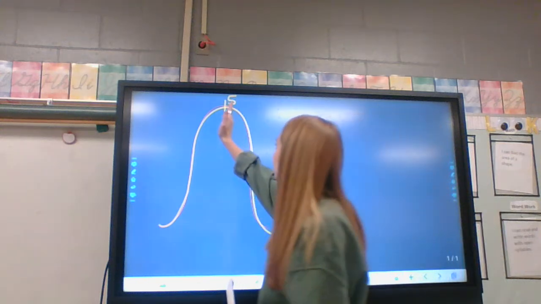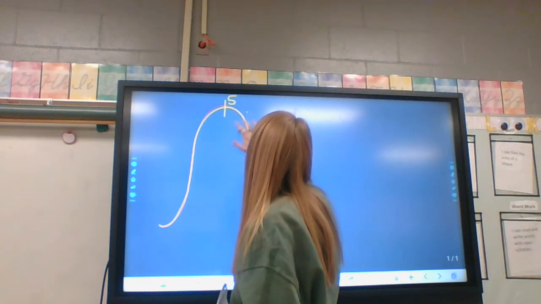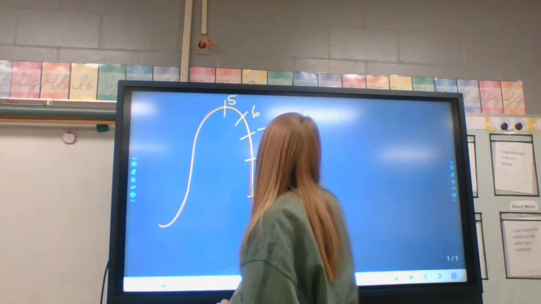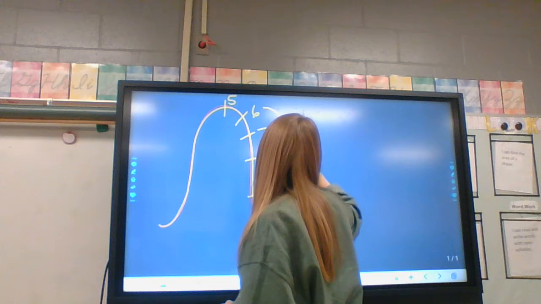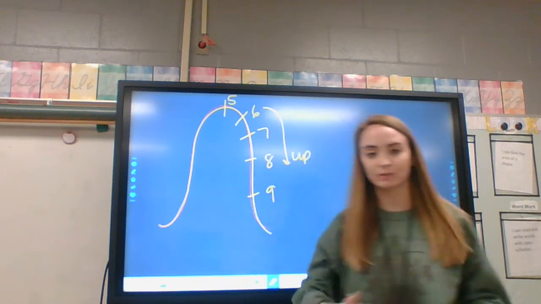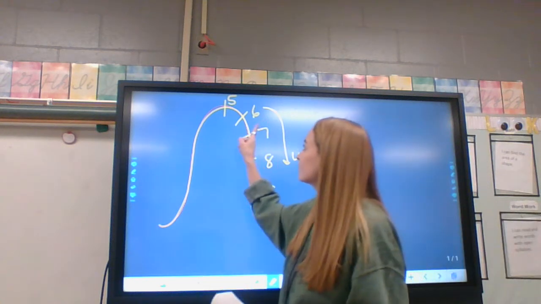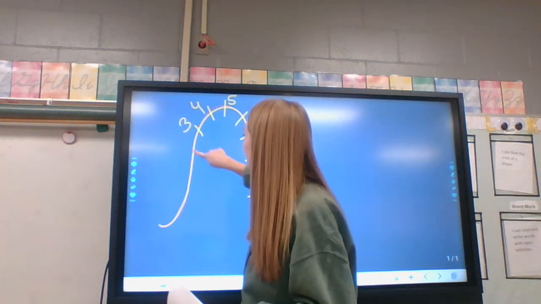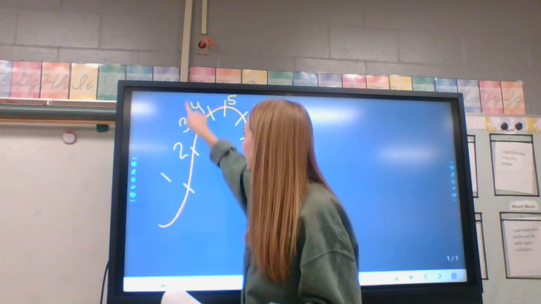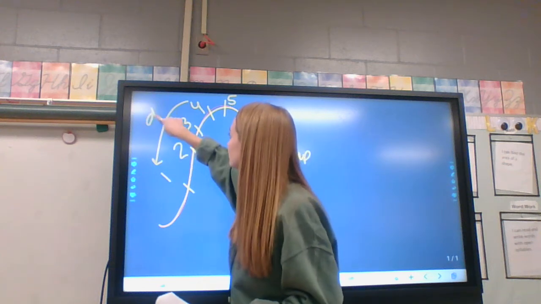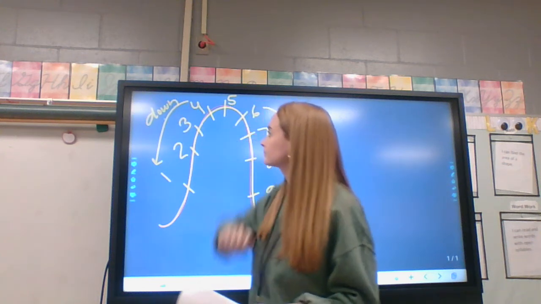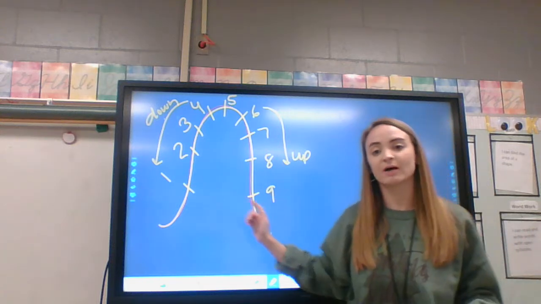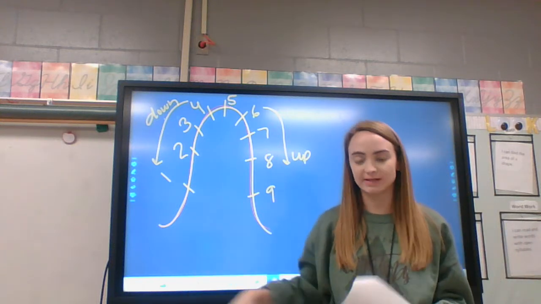Now, if a number comes after 5, so if it is 6, 7, 8, or 9, I am going to round up. If it is below 5, so if it's 4, 3, 2, or 1, I'm going to round down. Okay, so if it comes after 5, I round up, and if it comes before 5, I round down.